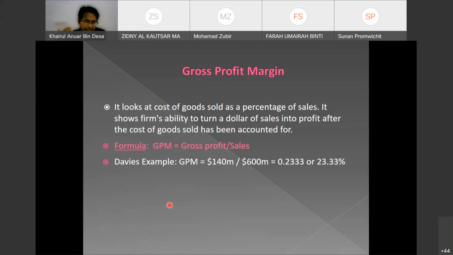Bagaimana kita nak mengira untung? First, how to calculate profit? Apa formula paling ringkas to calculate profit? What is the formula used to calculate profit? Anyone? Siapa tahu nak kira untung?